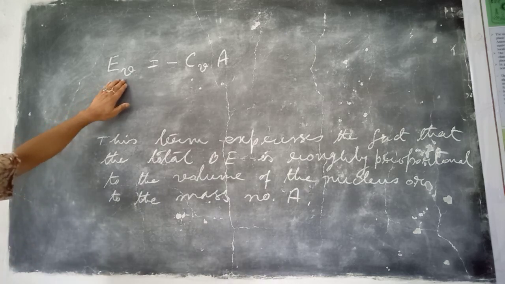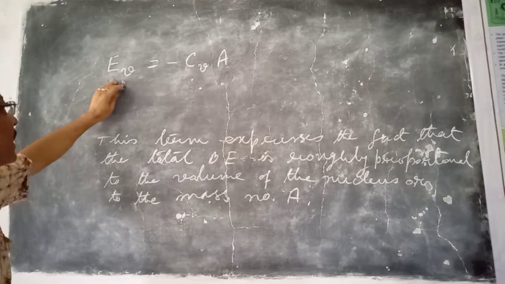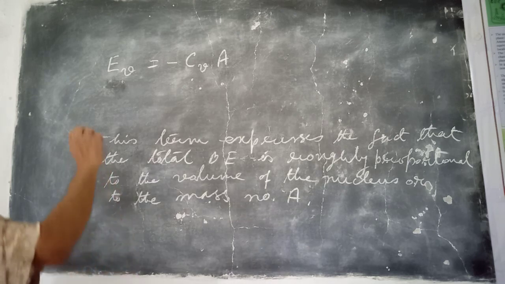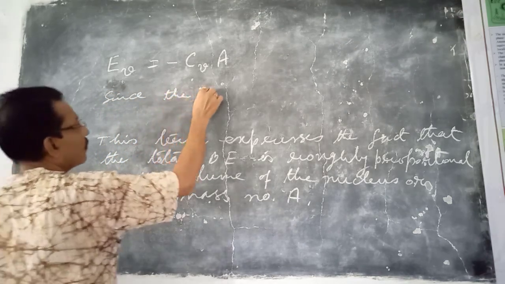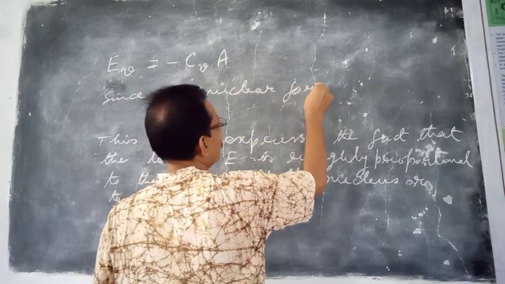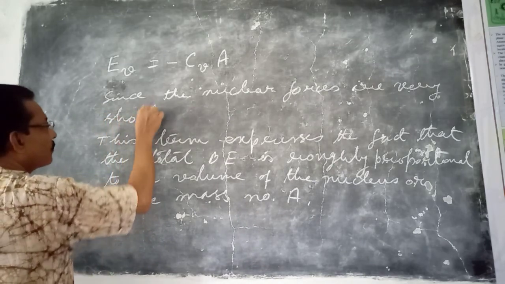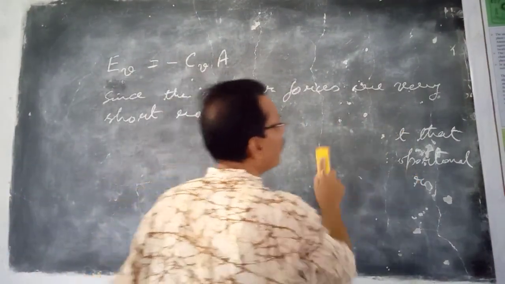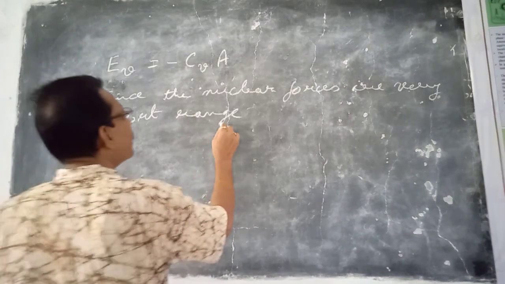Now, to justify this term, it is explained in this way: as the nuclear volume is proportional to A, the number of nucleons in the nucleus, this volume energy term will also be proportional to A. Now, since nuclear forces are very short range, a particular nucleon can interact only with its neighboring nucleons.